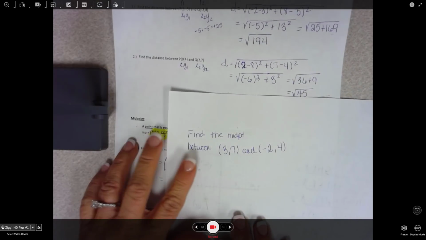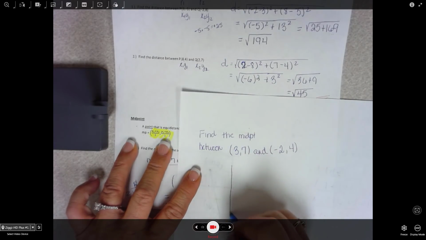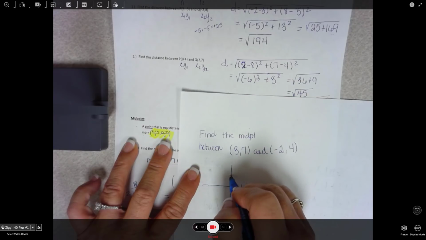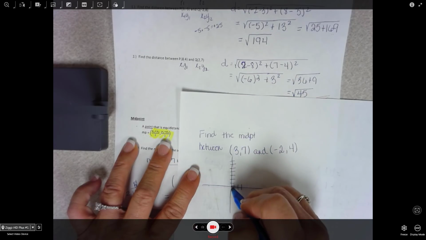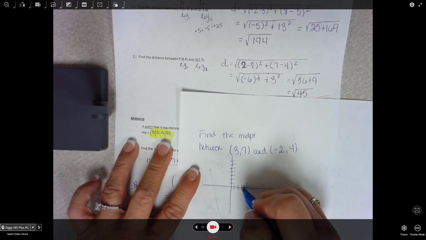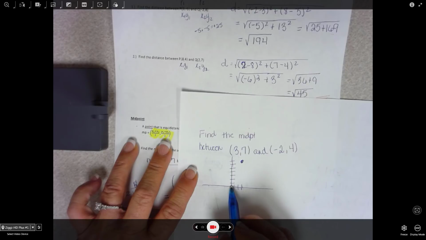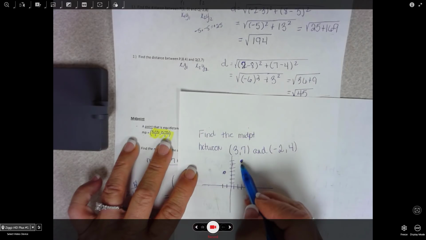So I'm just going to graph these. 1, 2, 3, 1, 2, 3, 4, 5, 6, 7. So starting at my origin, to the right 3, up 7. And starting at my origin, I go left 2 and up 4. So we're just talking about somewhere up in here.